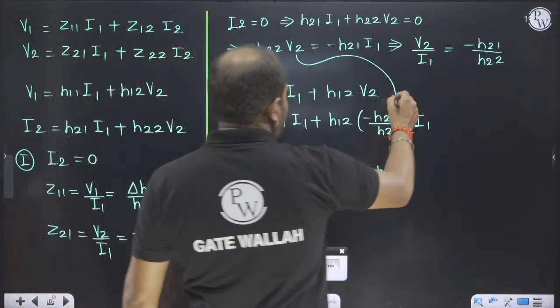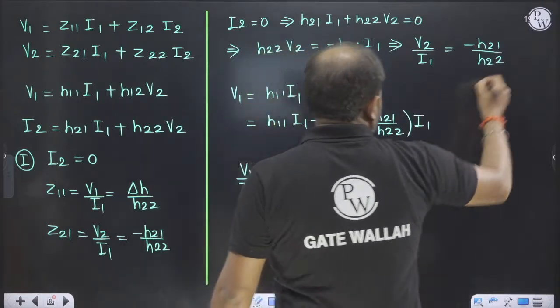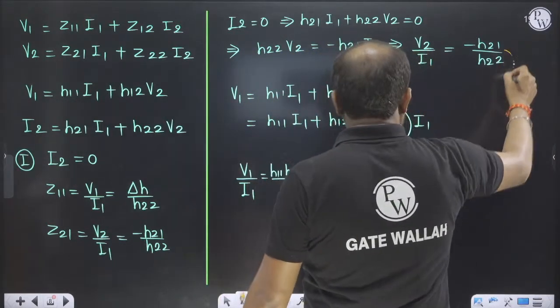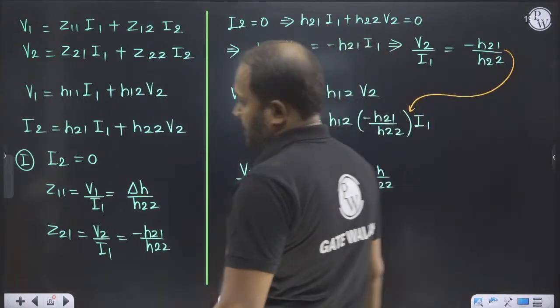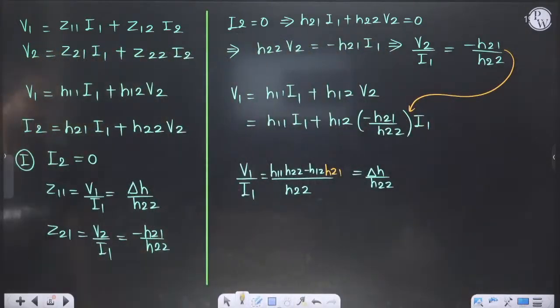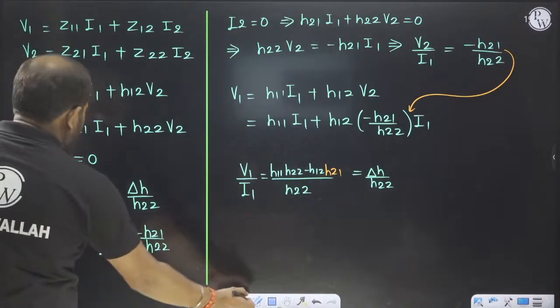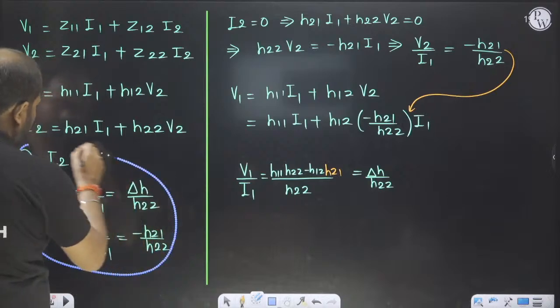So I will use this equation. Okay, I will go for the second case. I1 is equal to 0, what will happen?